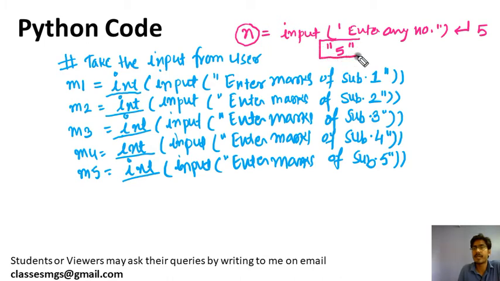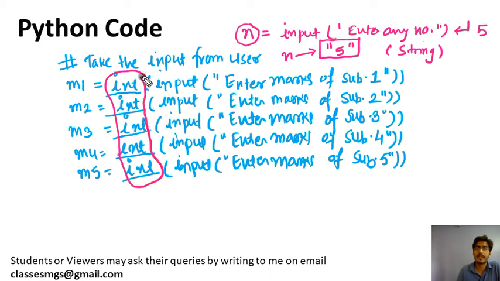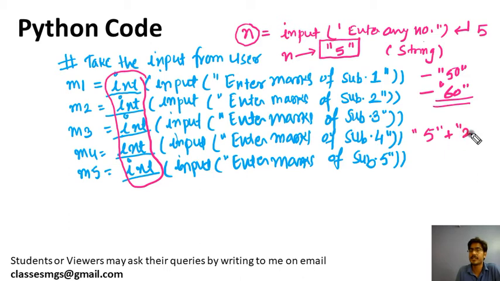The data type of n will be string. Let's suppose we take the input in m1, m2, m3, m4, m5 without the integer conversion. Then all the marks will be in string format. If I enter 50 here and 60 here, and we add two strings in Python, they will be concatenated. This will not be addition, it will be string concatenation.